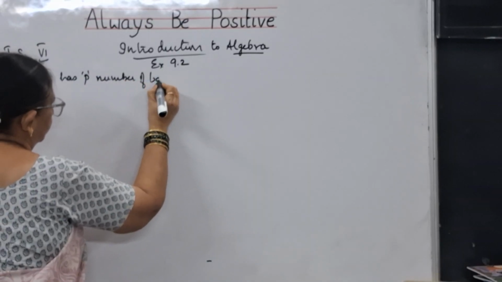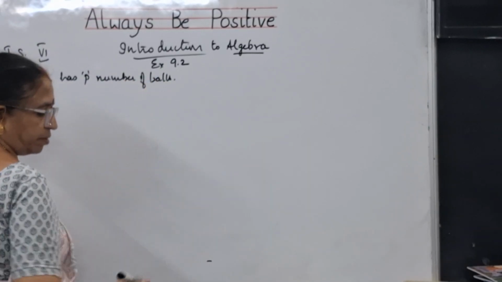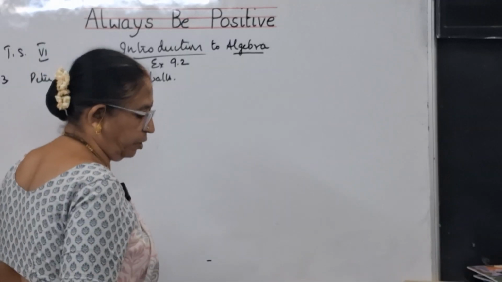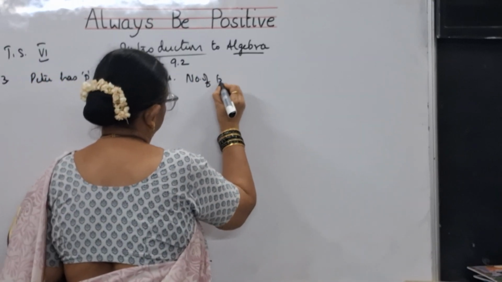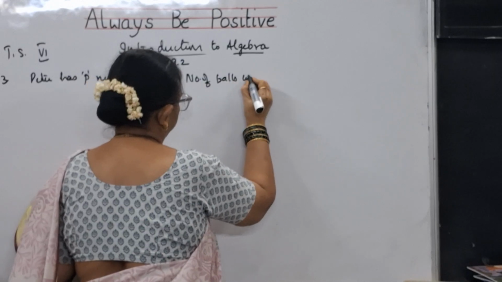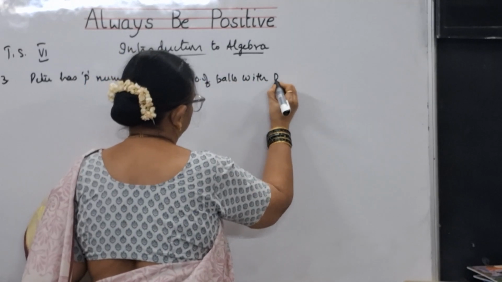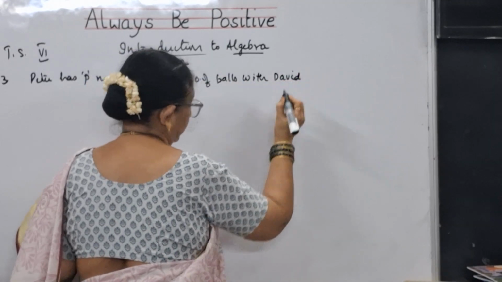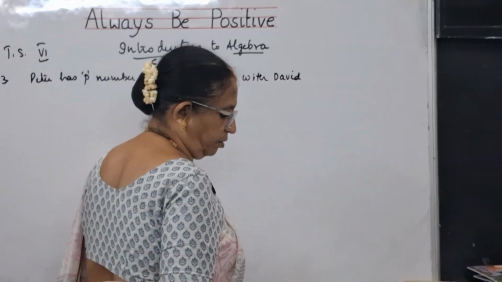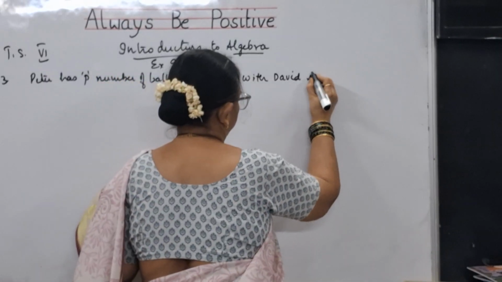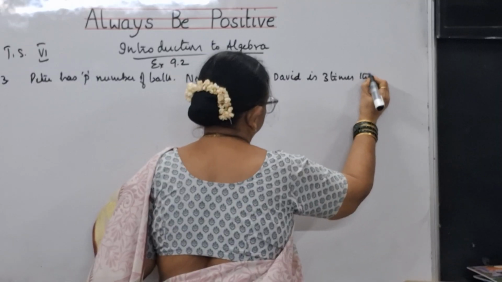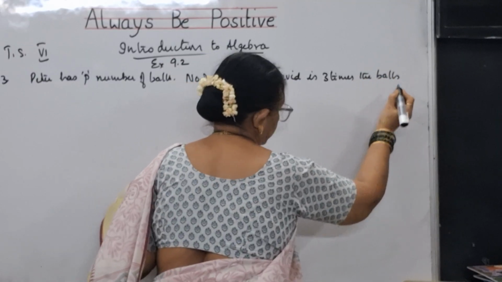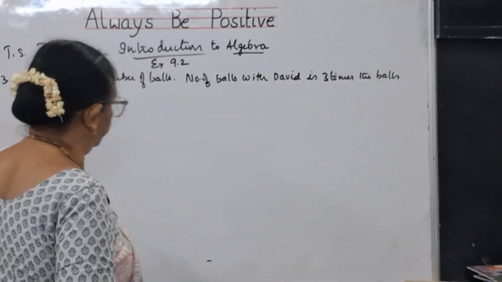Number of balls with David is 3 times the balls with Peter.